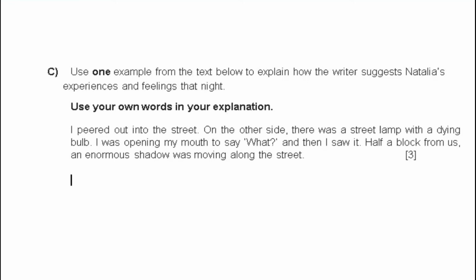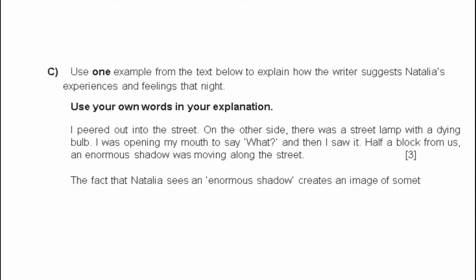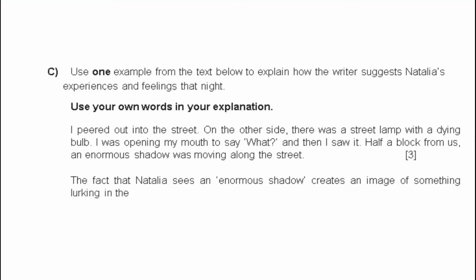Anyway, let's get on with the response. So I would probably keep this nice and simple. The fact that Natalia sees an enormous shadow, let's put, creates an image of something lurking in the darkness.